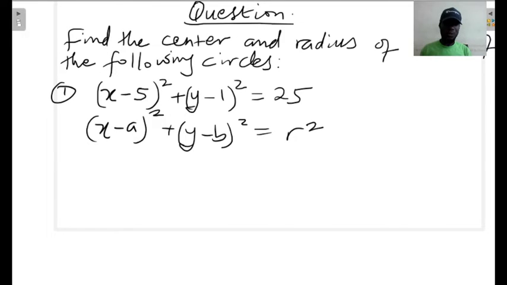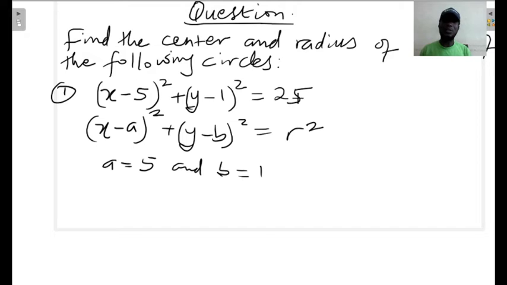Good. Like I said earlier, we are just comparing. So comparing the two of them, x is here, negative here. So it means a will be equal to 5. So a equals 5. And the same here, our b will be equal to 1.